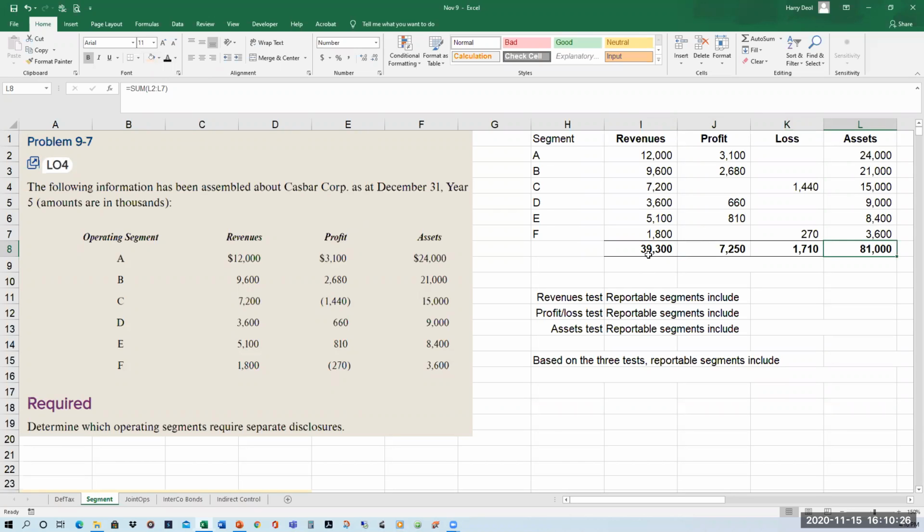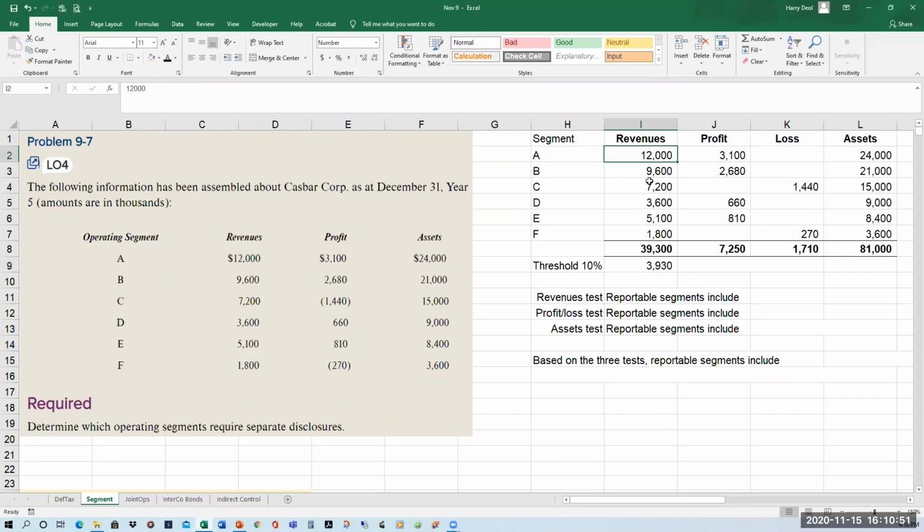Now the threshold for the revenues test is 10% of total revenues. So 10% of total revenues, 39,300, 10% of that is 3,930. So if you take a look at each of these segments, you might want to identify which segments have revenues of 3,930 or more.